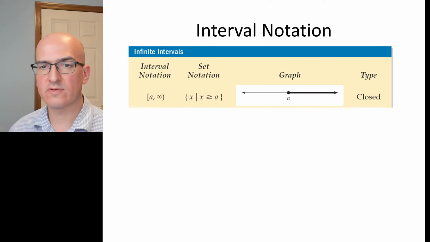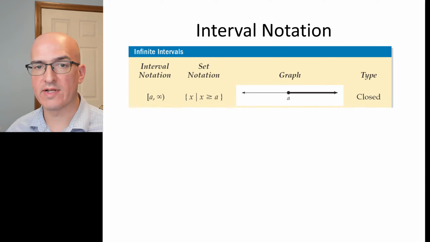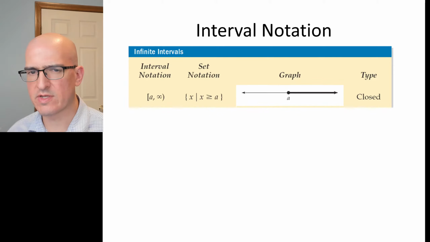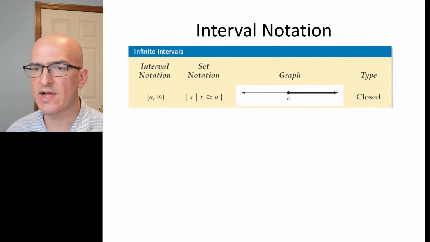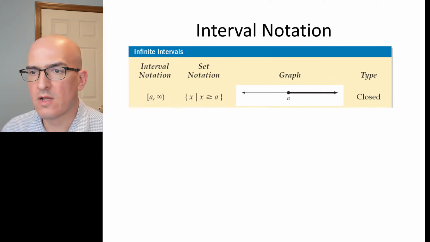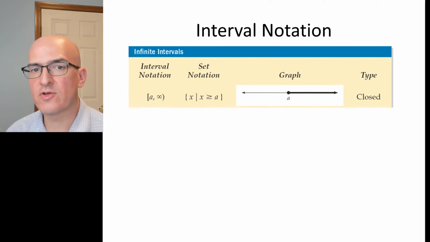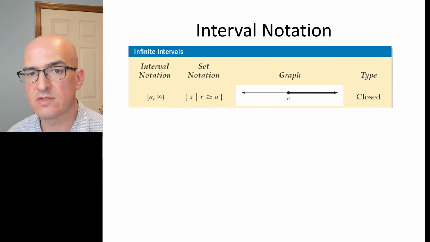There's another type of interval called an infinite interval, where you couldn't measure how long it is. It also has an infinite number of numbers, and I won't say which infinity is larger, it's a discussion for a different class, but it does have a peculiar notational difference with the previous intervals that were just described.